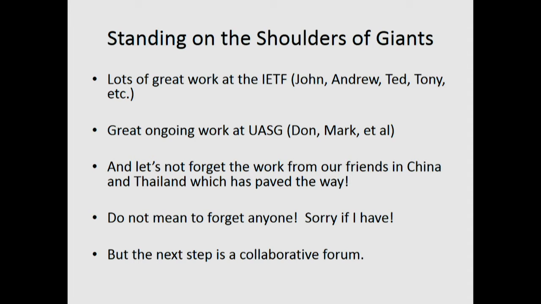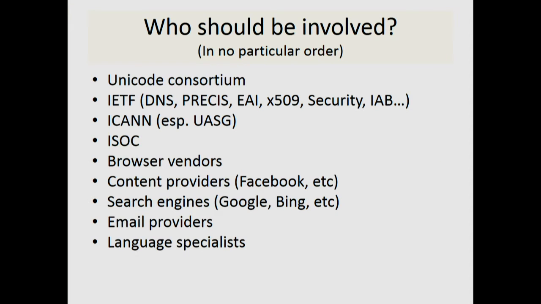But the next thing, in my opinion, that I think we need is a collaborative forum. Because these are complex problems that span multiple domains, what I suggest is that we have a collaborative forum, and I don't know where it sits.